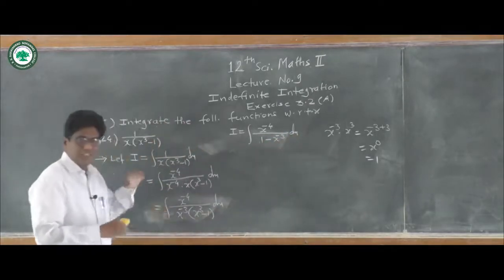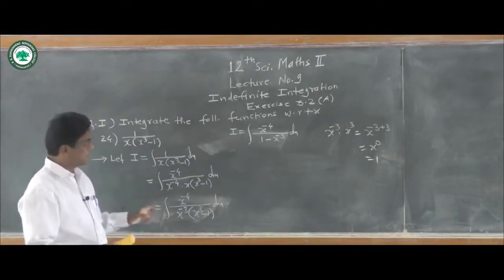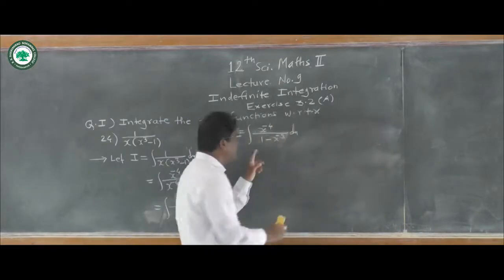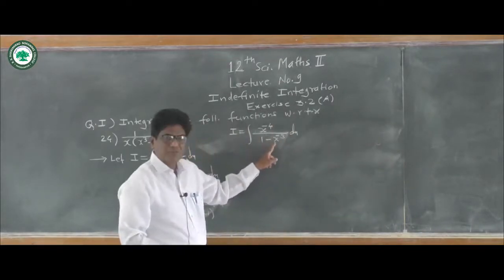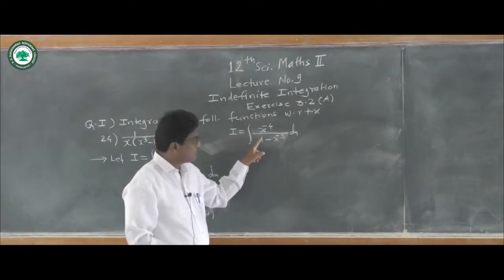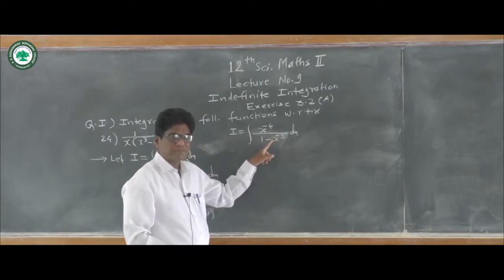Now here this unit is integration by substitution method. So we have to use here substitution method. If we put here 1 minus x to the power minus 3, what happens? Derivative of 1 is 0. What is derivative of minus x to the power minus 3?